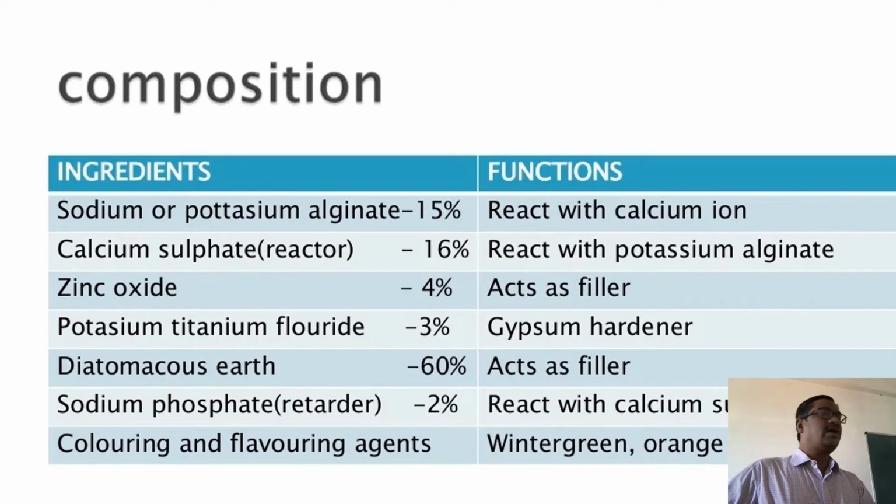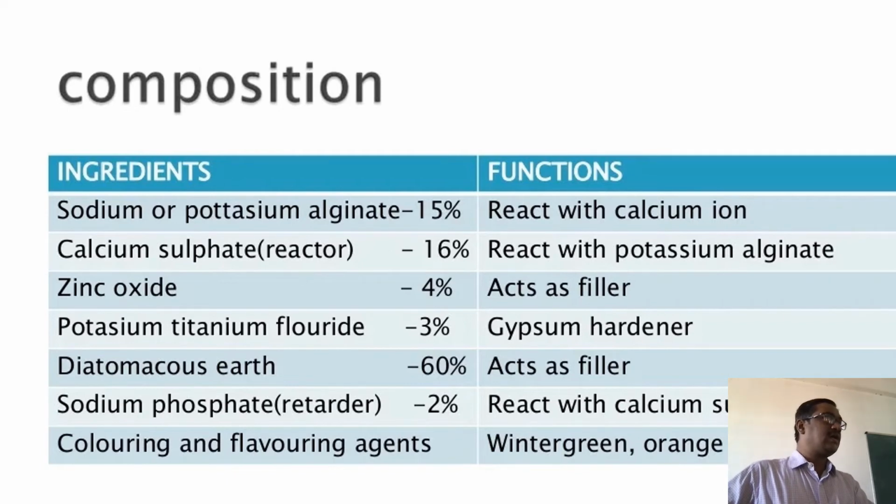So sodium or potassium alginate is the main ingredient. It will react with the calcium ion of the calcium sulfate and it will proceed with the reaction. So it is a chemically set material, not like agar.